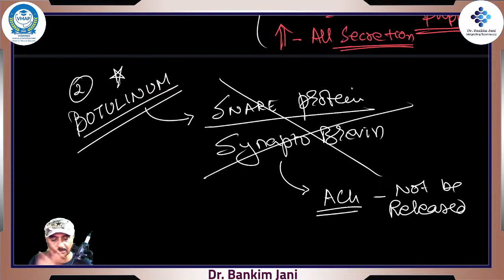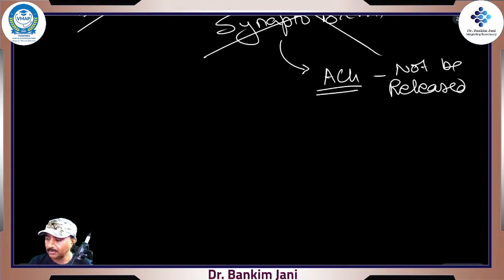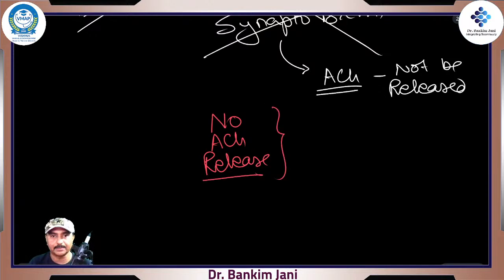Now, because of botulinum, it has destroyed that surface protein. So now that vesicle won't be able to break. It won't be able to reach that target and release. So the result is no acetylcholine release.